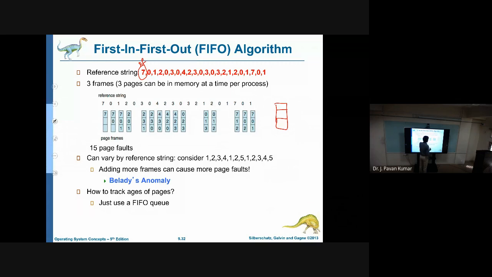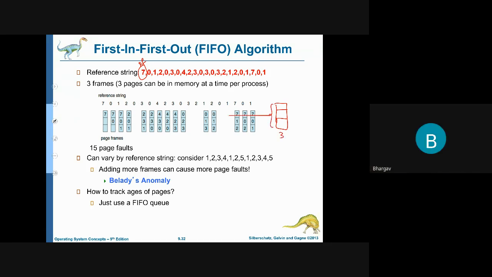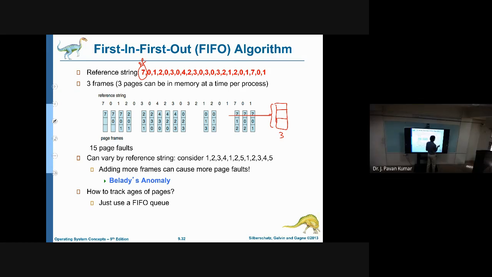We have to give a trap interrupt, then the operating system will bring the required or desired page into the main memory by identifying a free frame. Are we having a free frame here? Yes, sir. All 3 are free. So the operating system will bring the desired page and keep it here.